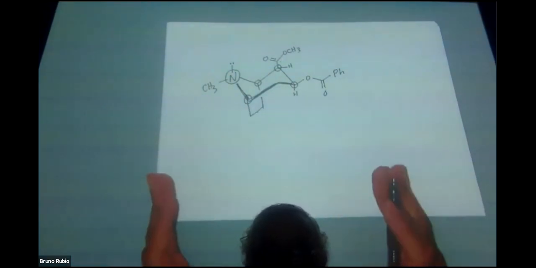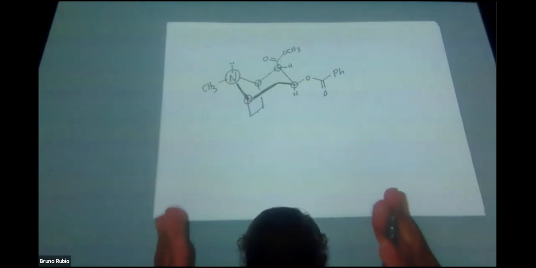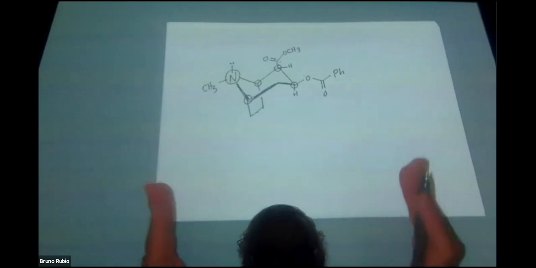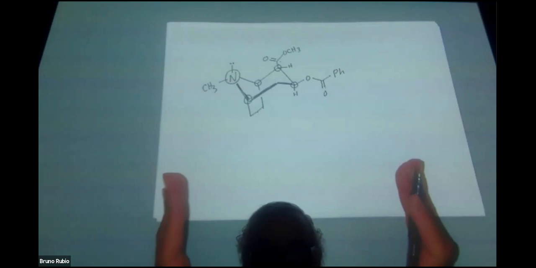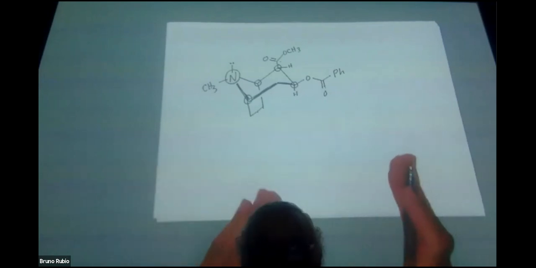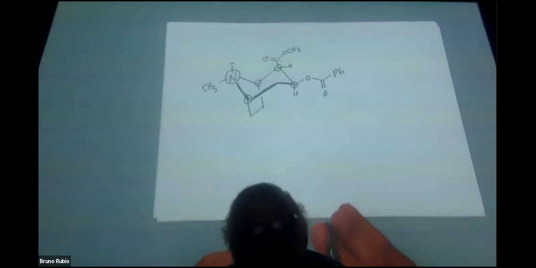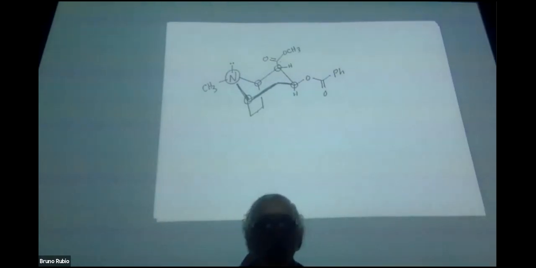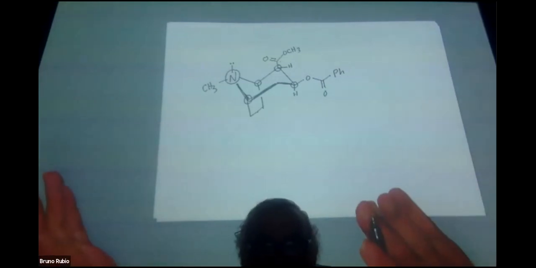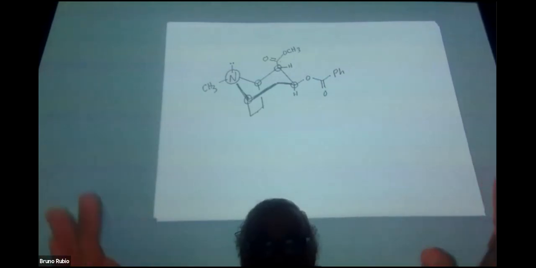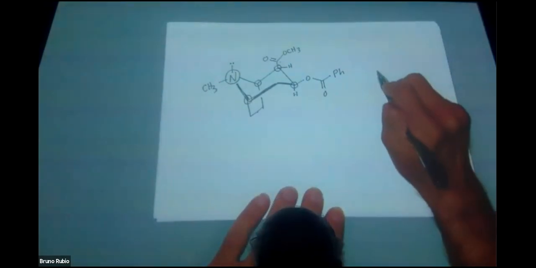A carbohydrate will have many chirality centers. DNA has billions of chirality centers. Your average protein is going to have dozens or hundreds or thousands or even millions of chirality centers. So the most important and the most interesting molecules in organic chemistry and in biochemistry are loaded with chirality centers.